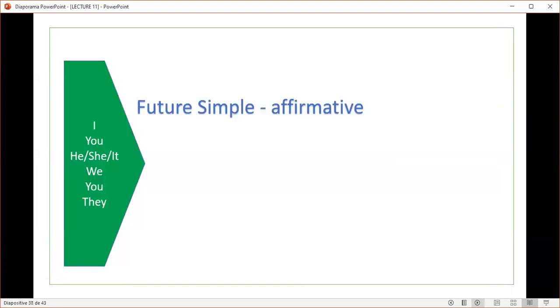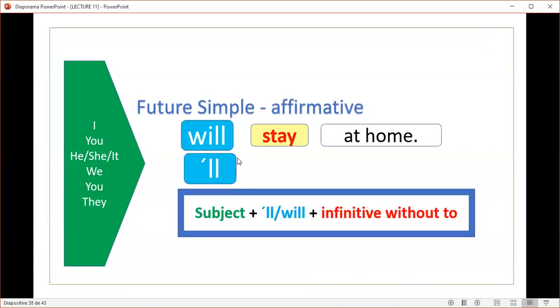The affirmative form of the future simple, sorry. You have will, okay?